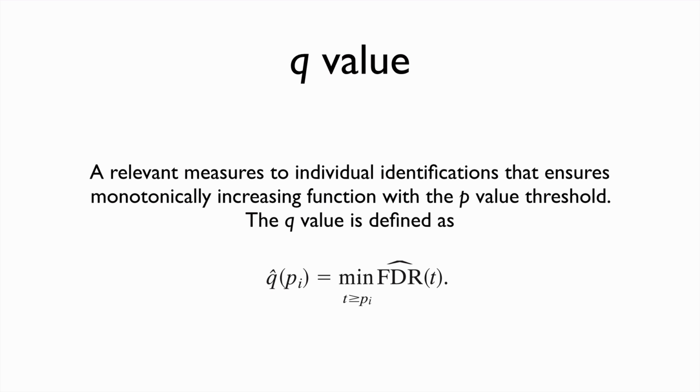Hence they define the Q value as the false discovery rate of any set that includes the current p-value.